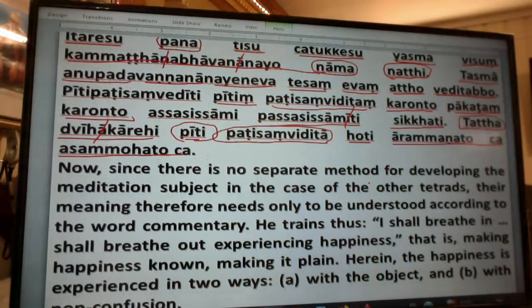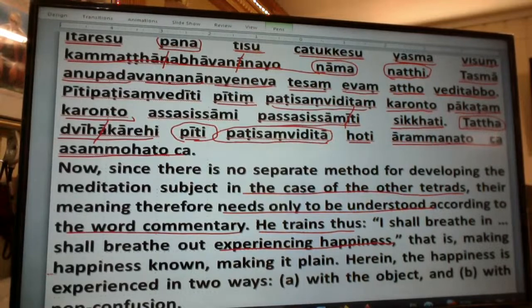Okay. So the English translation announces: there is no separate method for developing the meditation subject in the case of the other tetrad, the other four, the three. Their meaning therefore needs only to be understood according to the commentary. He trains: I shall breathe in, I shall breathe out, experiencing happiness or joy.